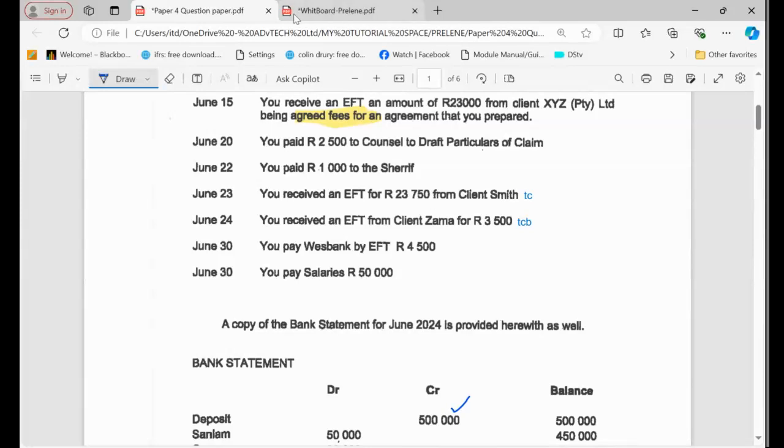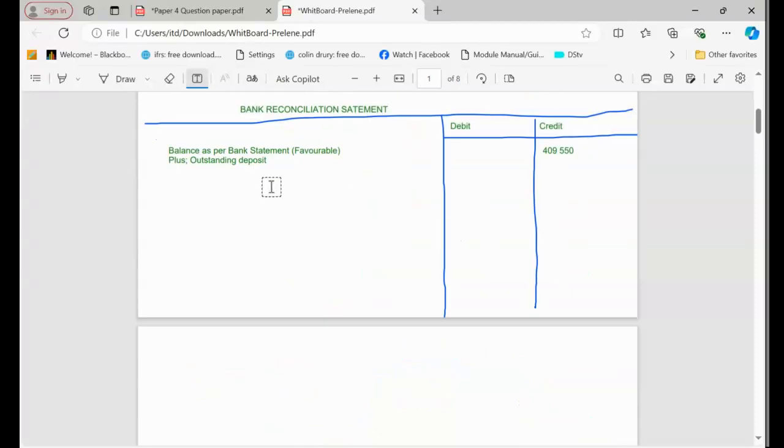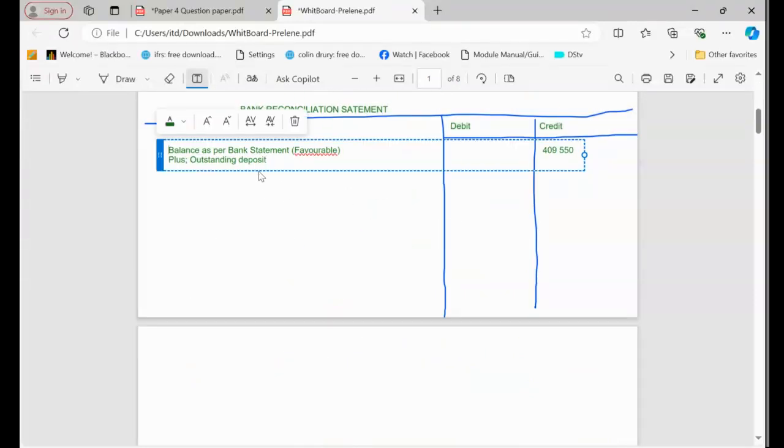Everything I have as my deposits, these receipts, appears on the bank statement. Meaning I don't have outstanding deposits. If one was not appearing, that deposit would be recorded on the credit side as an outstanding deposit. You don't have to write plus here, just write outstanding deposit, as long as you know you must go to the credit side. Are you with me? Yes.